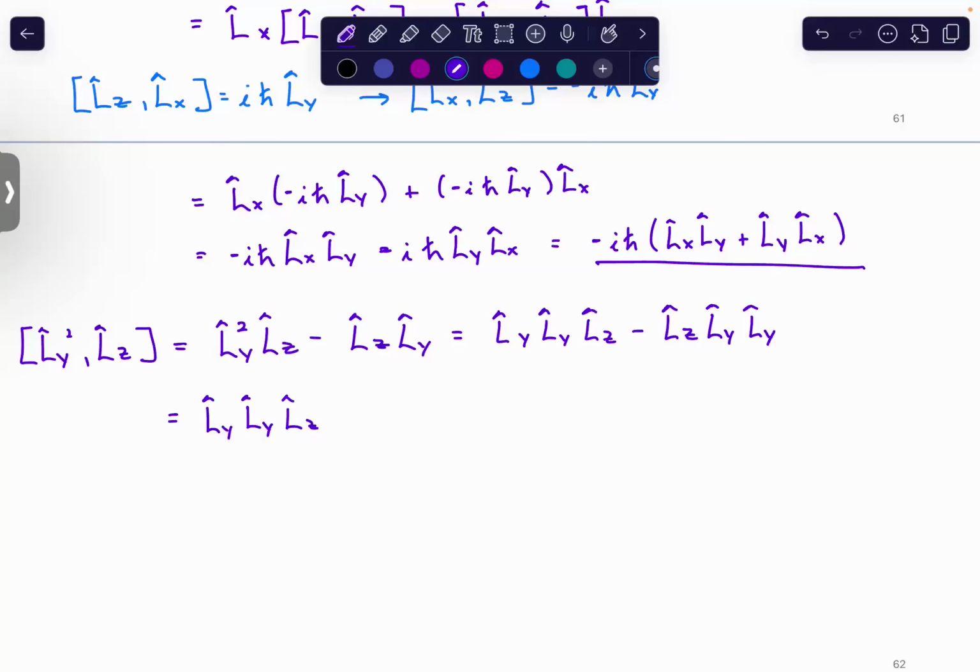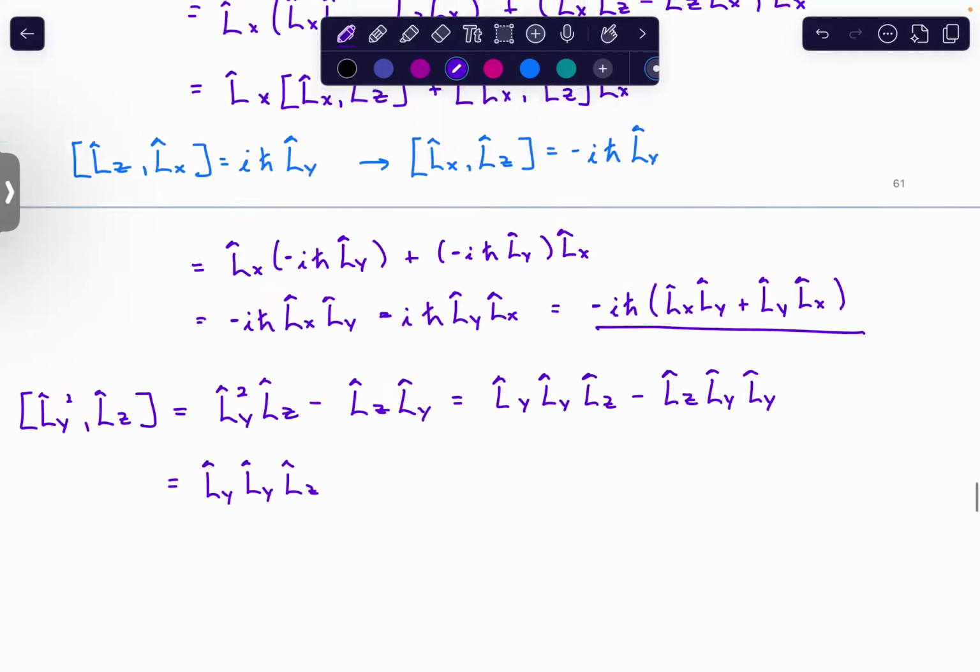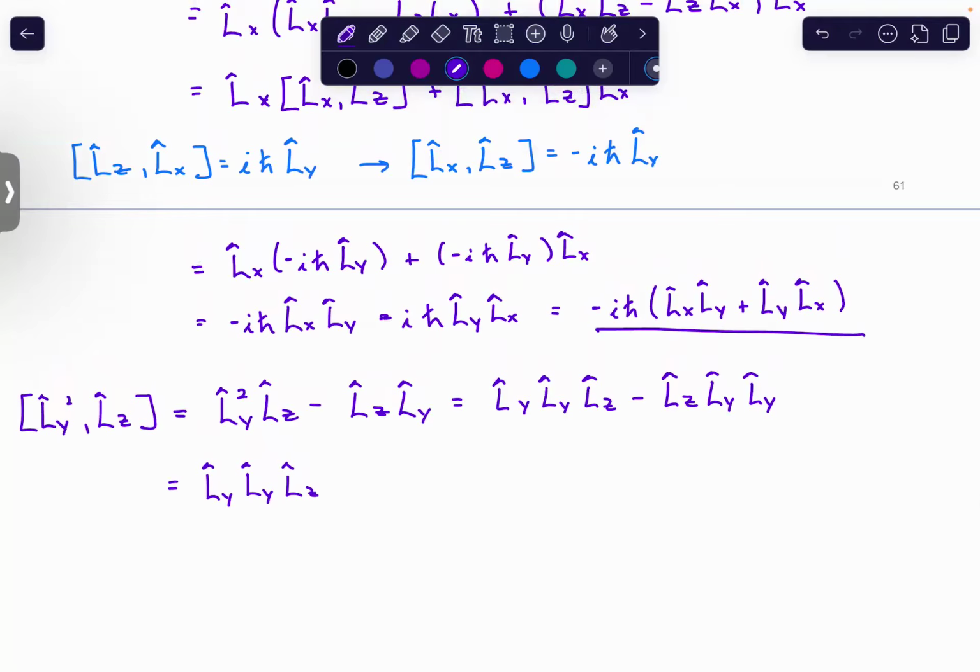Can you give me two terms that will add to zero that will facilitate the factoring? Just like we did with the LX squared LZ, you want positive and negative LY, LZ, LY? There you go. So the first one is our negative one.